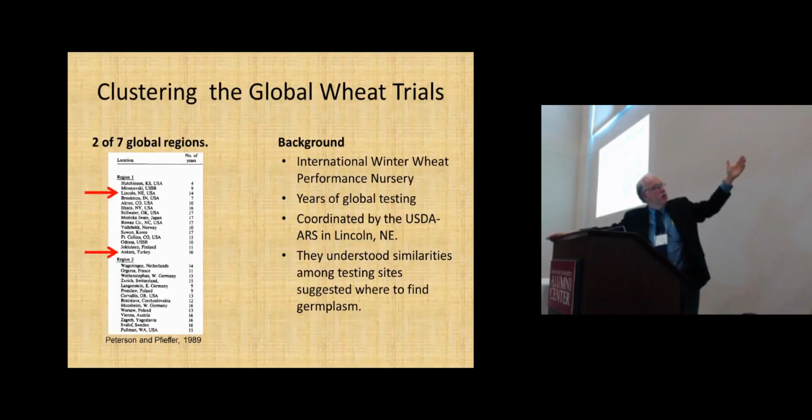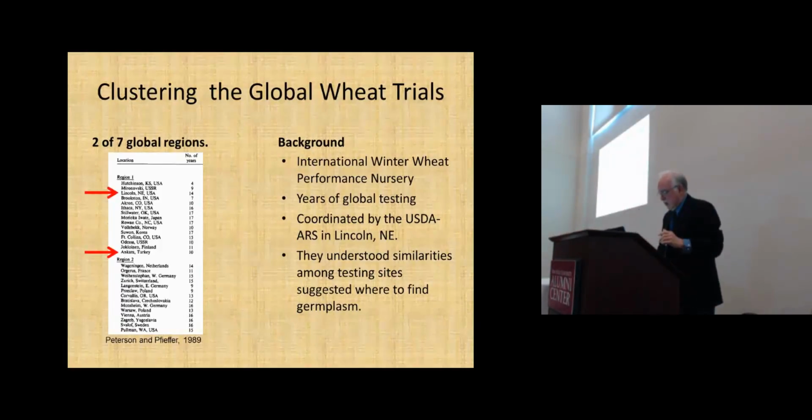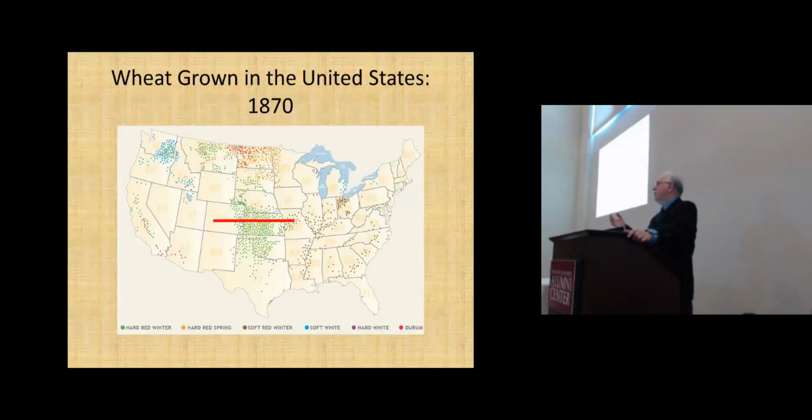If you go to Region 2, you see what we would call the PNW, the Pacific Northwest, which is Pullman, Washington, which fits very well with the great European wheat belt that extends from Paris all the way to Moscow, places like Wageningen and whatnot. That's the clusters.